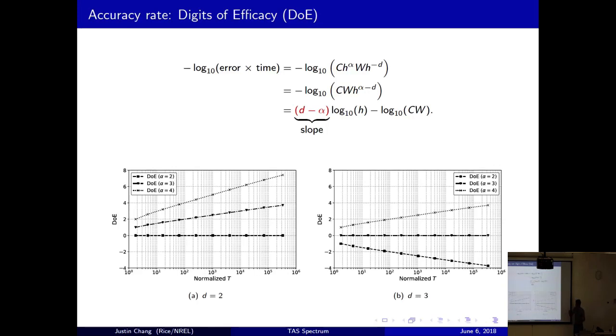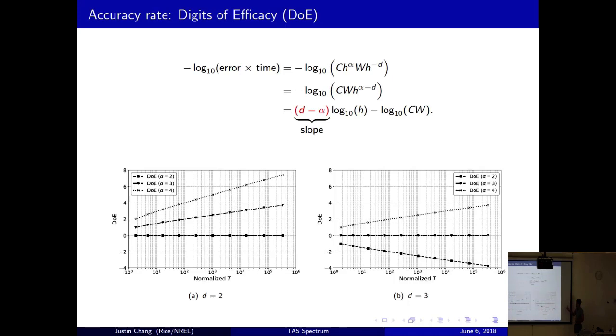If I'm looking at a second order method with a 2D problem, I should expect to see a flat curve, assuming I have order n scaling. Likewise, if I have a 3D problem, also with a second order convergence rate, I will now see a negative slope. This is something to keep in mind when going up in spatial dimensions, from a 2D problem to a 3D problem.